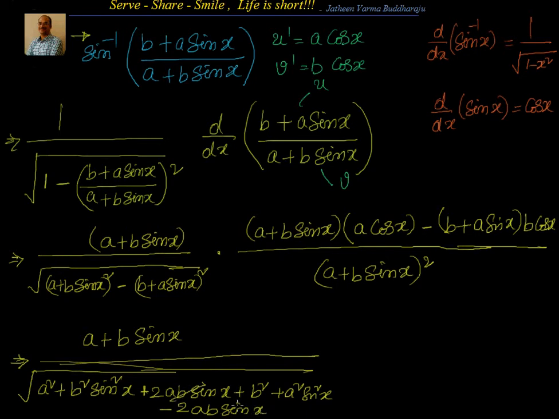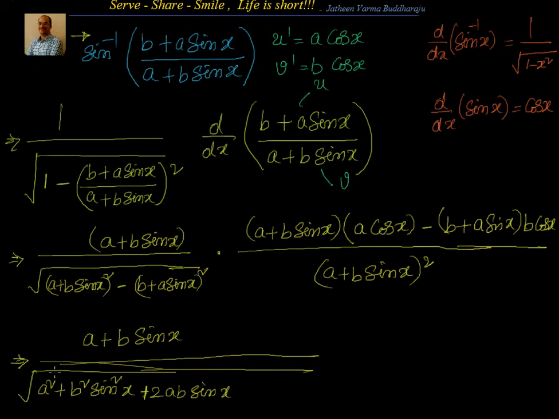You can see 2ab sin x cancels out. I have a square plus b square, a square plus a square sin square x. Okay, we have minus there. So wait a minute, I will need just 1 minute.